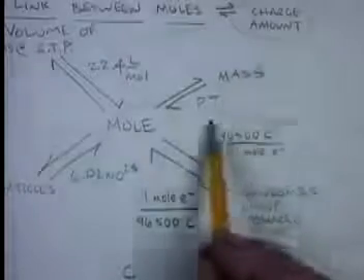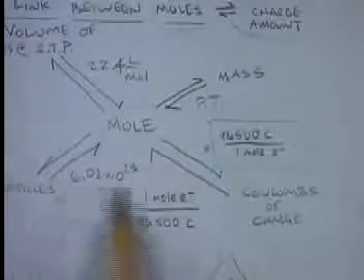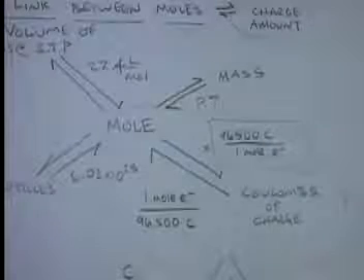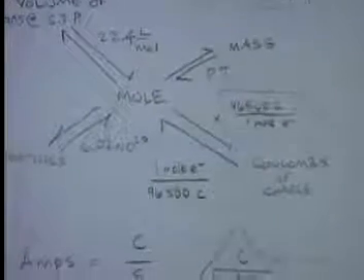By the way, just like we gave Avogadro's number its name, this 96,500 is called Faraday's constant, or Faraday's number.